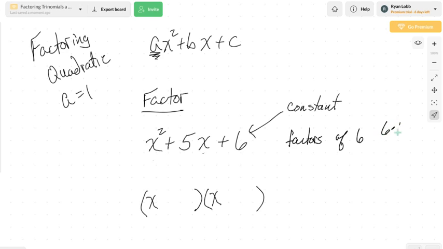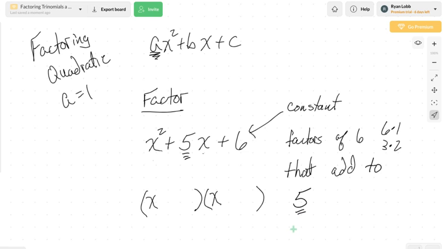Well, 6 times 1 and 3 times 2. Factors of 6 that add, and we're saying add because of this plus right here, add to 5, and we're saying 5 because of the number here.